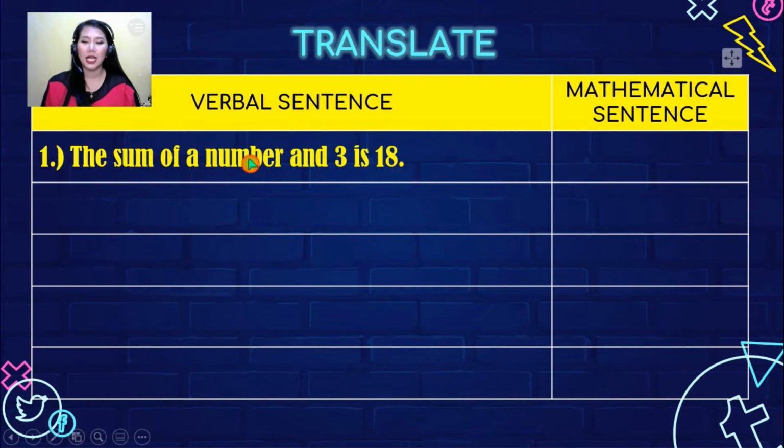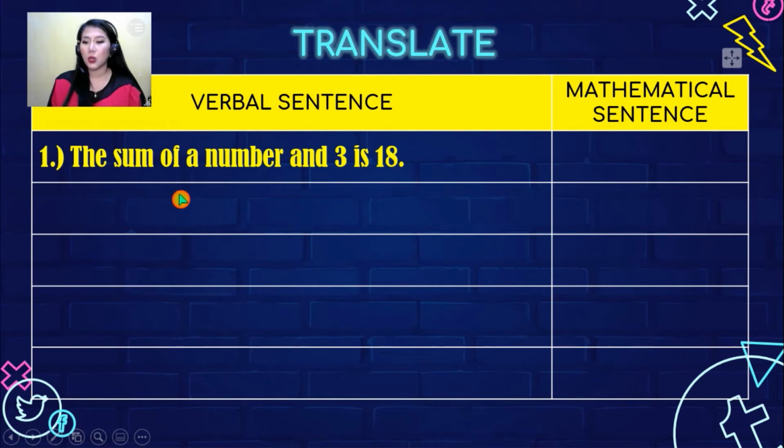Ang number dyan na tinutukoy dito is the unknown value of the variable. So, dahil hindi natin alam yung number na yon, we have to use a variable or a letter. Any letter from the alphabet will do, but usually, X yung ginagamit natin. And 3 is 18. So, etong is na to, this is none other than the equal sign.